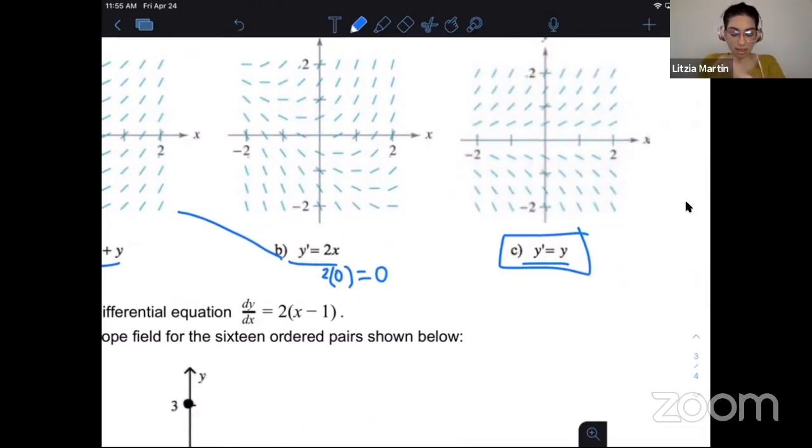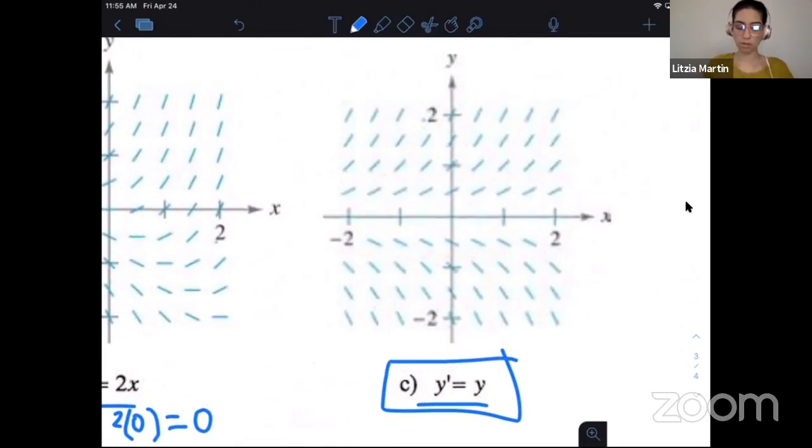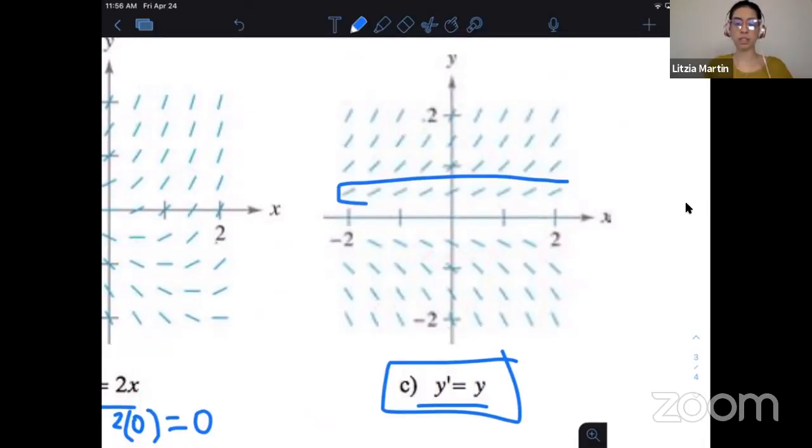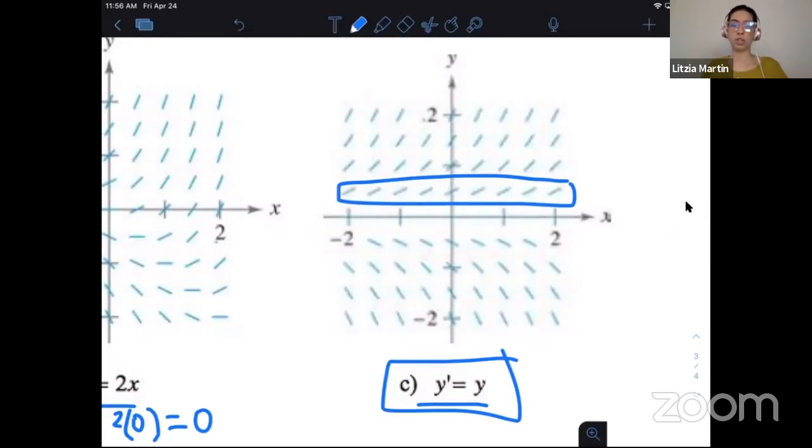So if I pick a y value, for example here, I should see that the slope is the same all the way through. So in this case, y should equal whatever this y value is, 1/2, right? So it's a half slope all the way through. Here, y is equal to 2, so it's a slope of 2 all the way through. So that matches for us.